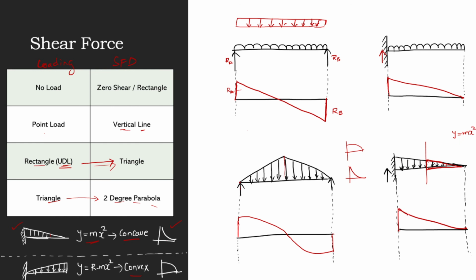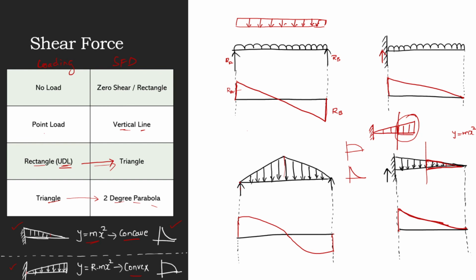which is concave. On the other hand, if your loading condition is in this opposite form, everything is the same, just at the fixed support you have the edge of the load, not the maximum load. So what if I have such a beam? For example, let me draw here. If this is the beam and I cut the section at this part and I take this part, you see it is no longer a triangle.